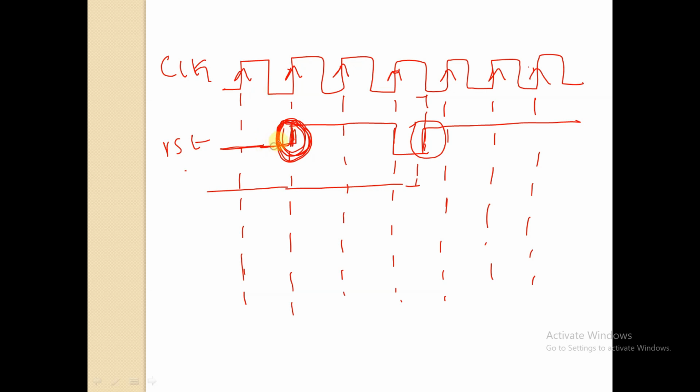The signal should be 1 before the posedge, so that the design can recognize this reset signal as logic 1. If we apply the reset signal at the clock edge only, practically it will not recognize this reset signal. It will be unknown, like X.